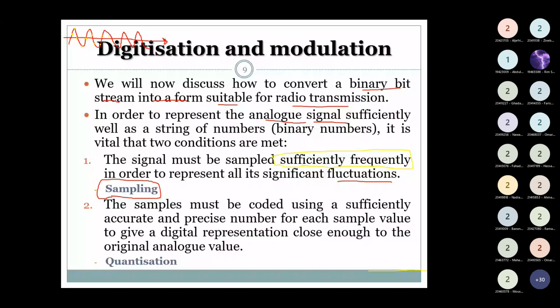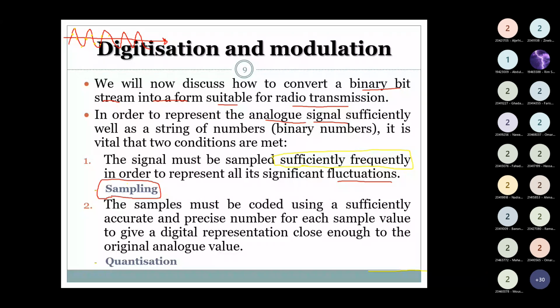Because if we take only a few samples, the shape of the fluctuations will be lost, and I cannot regenerate or recover my signal at the receiver. I will have some corruptions, some errors, at the receiver. So I need to do the sampling in a good way. What does that mean? We take samples sufficiently frequently in order to represent all significant fluctuations.